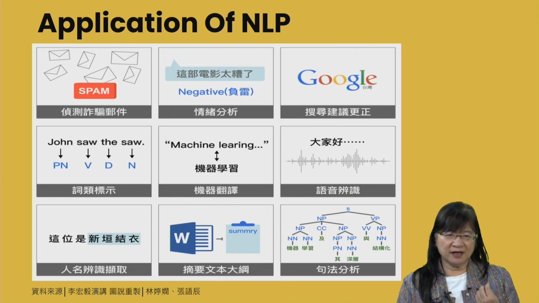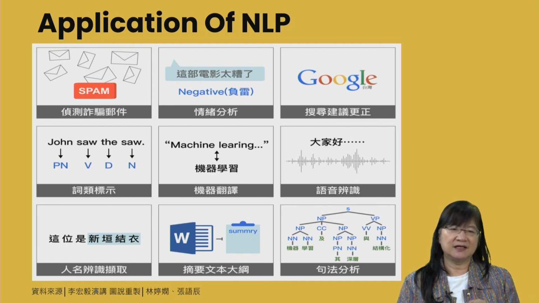So, the application of NLP, we can do a lot of things. First of all, in your email, you see some spam mail, right? They can help you sort that. Or we say sentiment analysis.